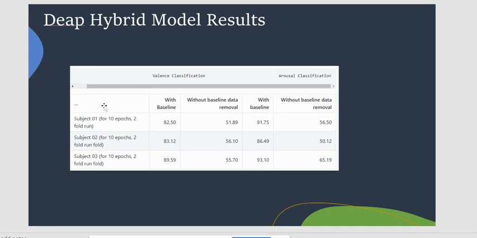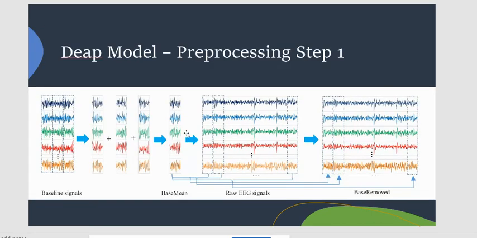An important thing to note is that we are running this by subject and not across subjects. So we see that there's a marked improvement with and without baseline of almost 30 points in both the case of valence and arousal. So really the first pre-processing step of removing baseline data was really important in improving our results here.